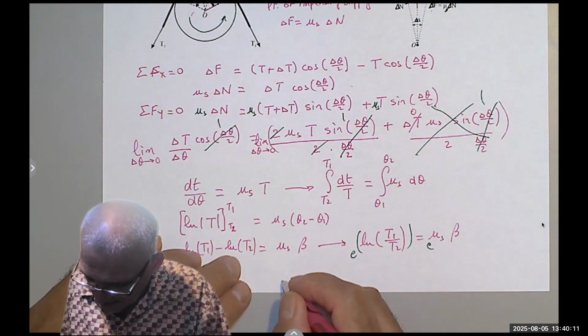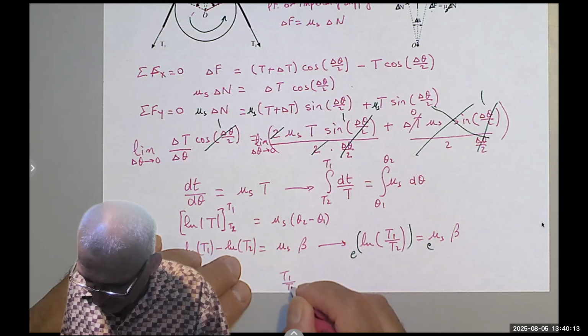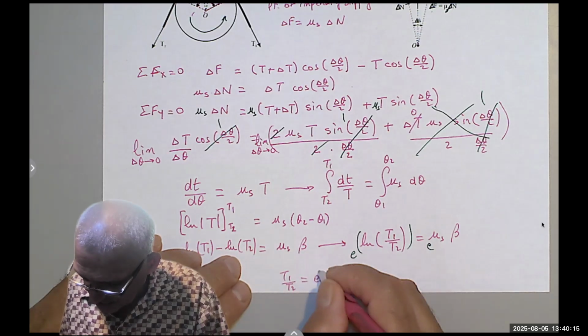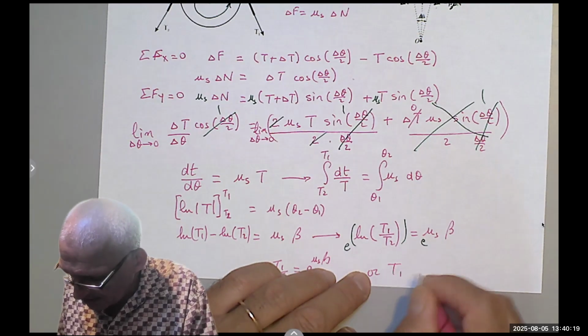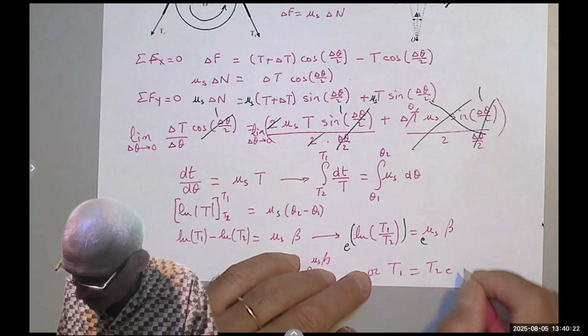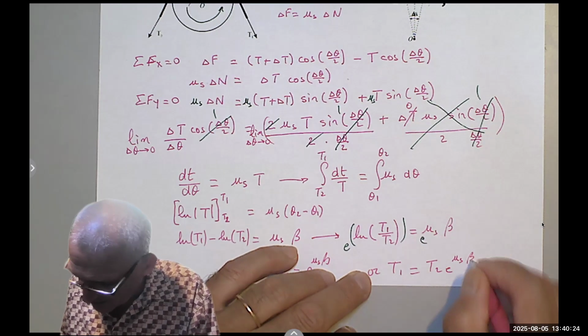You get T1 over T2 equals e to the mu sub s times beta, or T1 equals T2 times e raised to the mu sub s times beta.